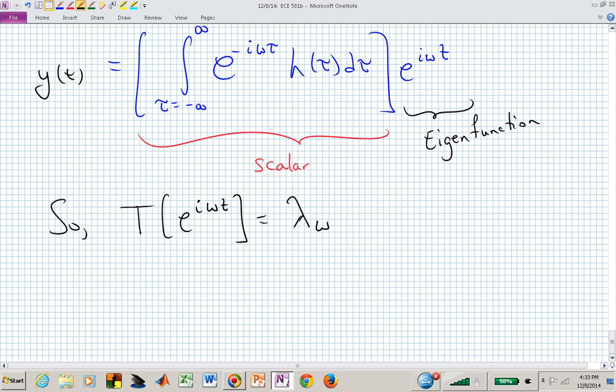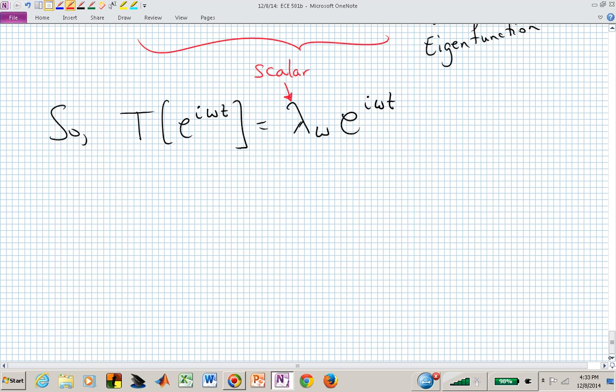We pick an omega, and we can evaluate what's inside that square bracket, but that's now just some scalar lambda of omega times e to the i omega t. And if that's the case, we've now actually defined what that scalar is.